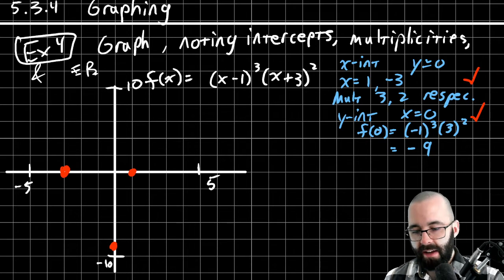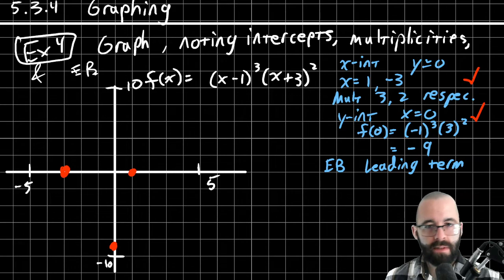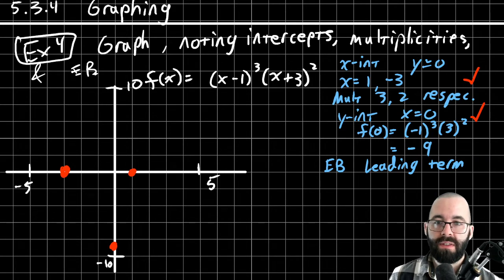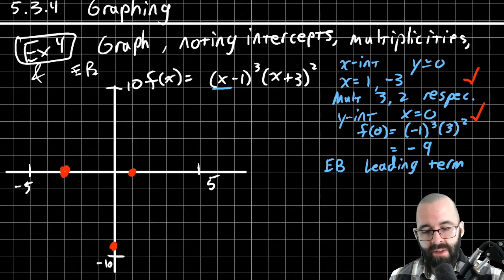We also need the end behavior. What's the end behavior here? Well, we really have to look at the leading term. And again, we don't have to FOIL this all out to find the leading term, although it's a good idea to do so if you want to be extra safe. Just have to look at the x parts. There's an x cubed that's going to come from this part.